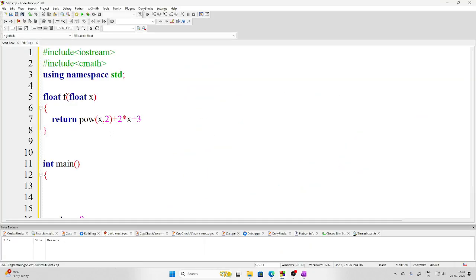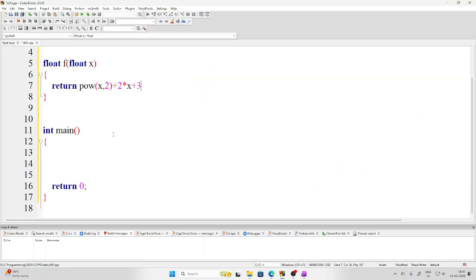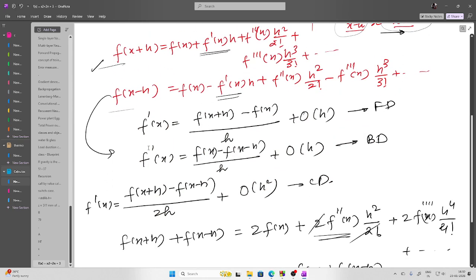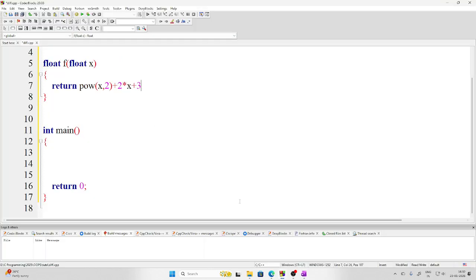Now what has to be done? This function has to be called upon, and we have to evaluate the first order derivative, f prime x, from forward difference, backward difference, as well as central difference. So let us make some variables, dfdx using forward difference.